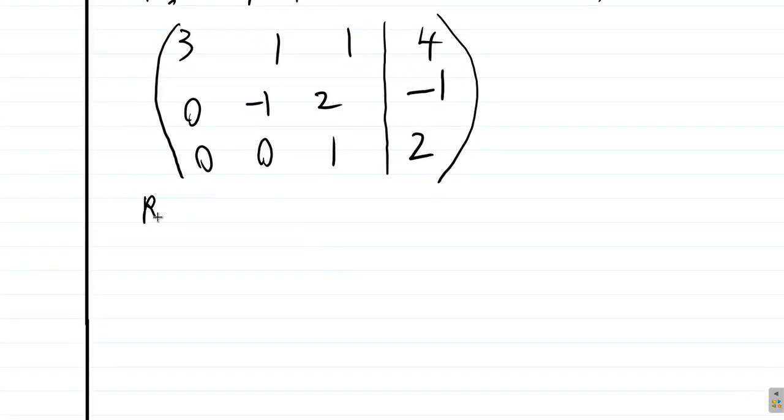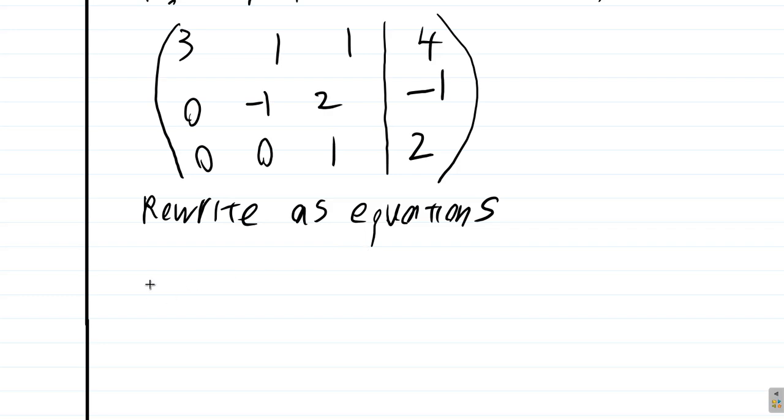What we're going to do, rewrite this matrix as equations. So now row 1 represents 3x plus y plus z equals 4.